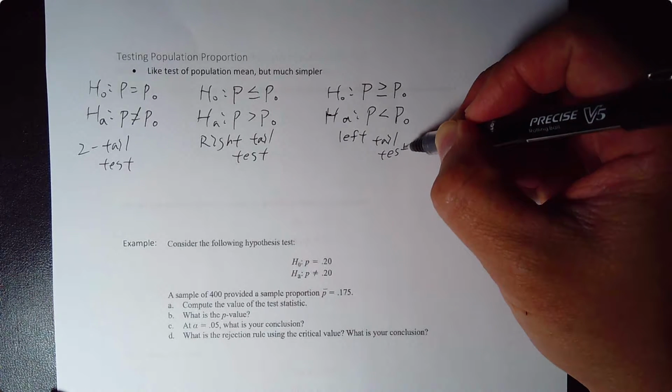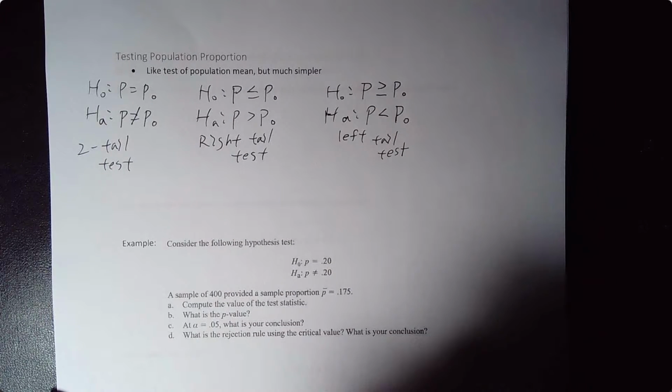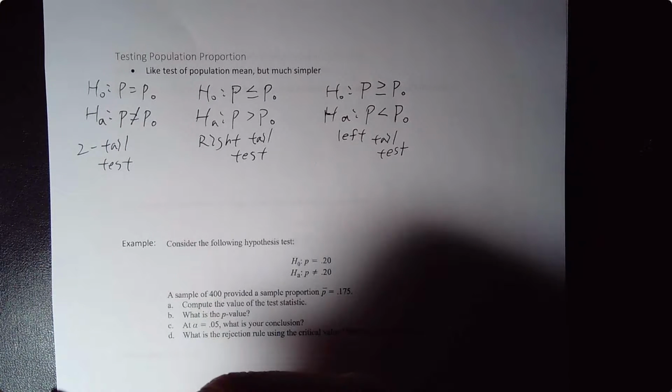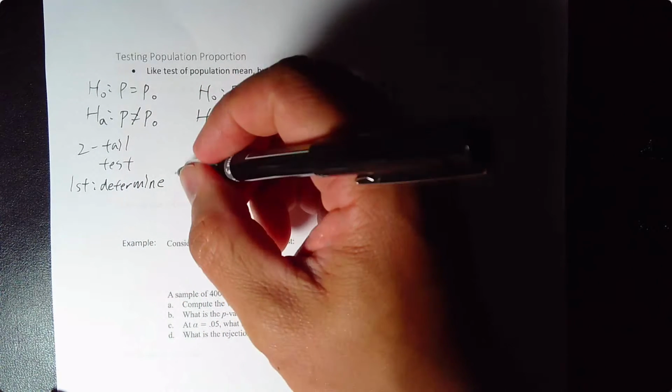Now, as with chapter 8, when we have population proportion, before we can proceed, we need to determine the normality, meaning we need to know the sampling distribution, and the test is going to be the same. So first, establish normality, or determine that the sample statistic is indeed normal.